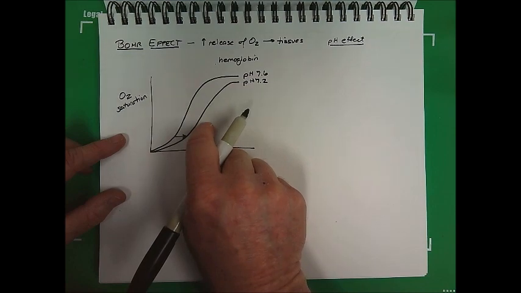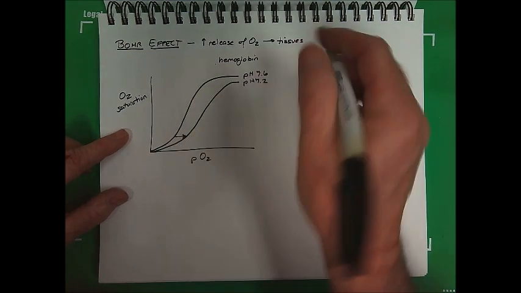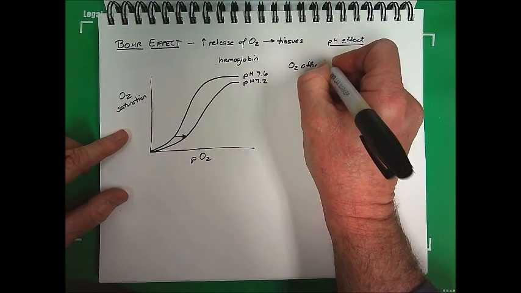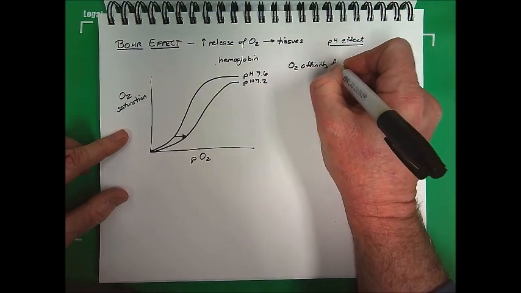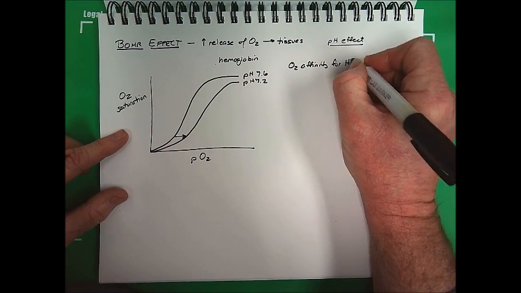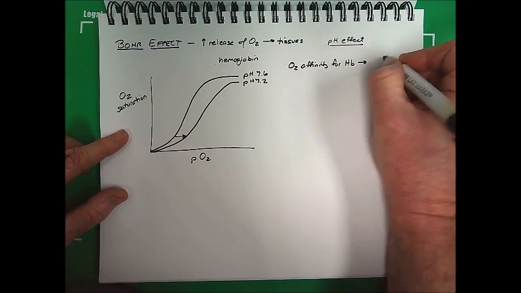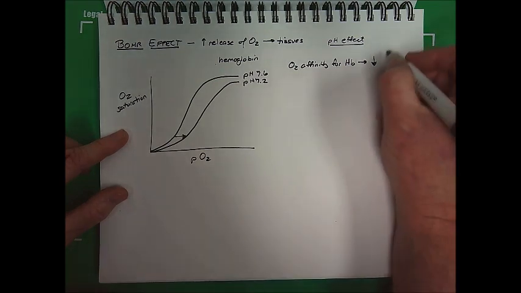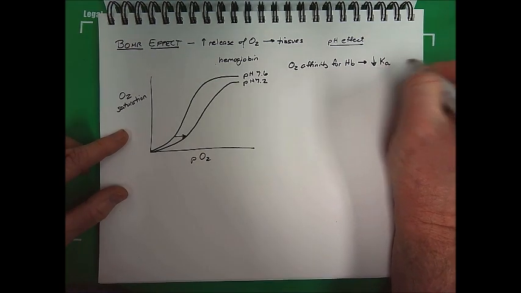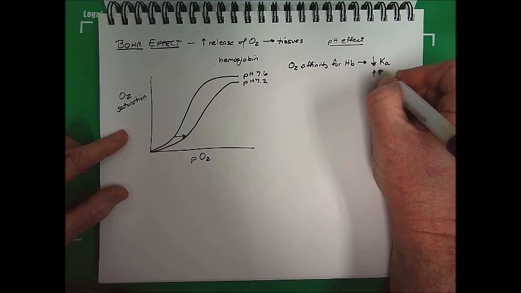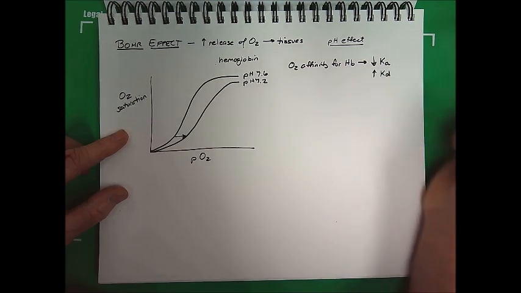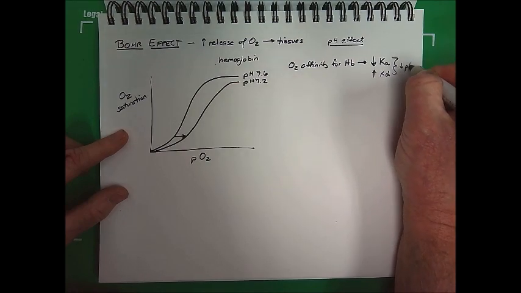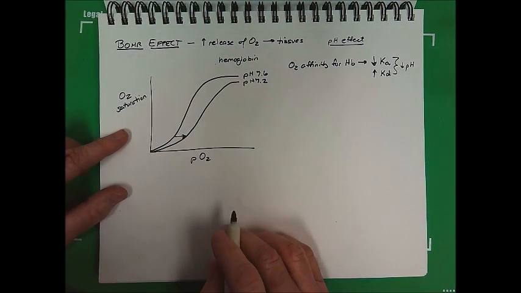This indicates that the affinity of oxygen for hemoglobin has decreased. So this is a decrease of the association constant and an increase in the KD. And this is all due to a decrease in the pH, the acidification.